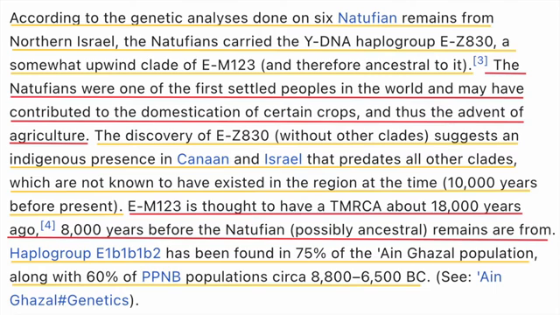E-M123 is thought to have a TMRCA, the most recent common ancestor, about 18,000 years ago, 8,000 years before the Natufians, possibly ancestral remains are from. Haplogroup E1b1b has been found in 75% of the Natufian population, along with 60% of PPNB populations, circa 8,800 through 6,500 BC.